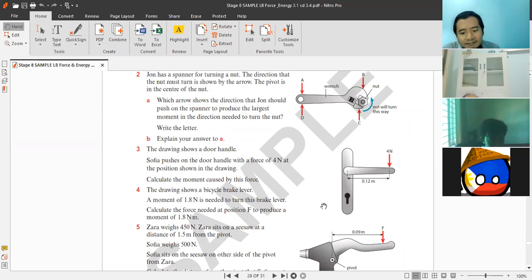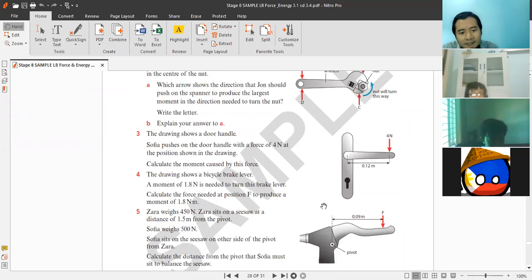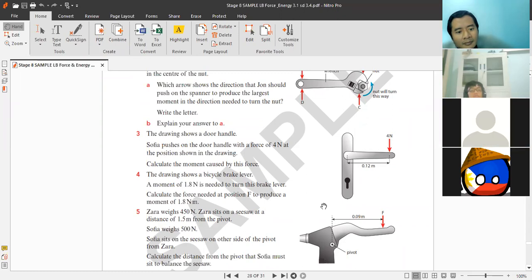The drawing shows a bicycle brake lever. A moment of 1.8 Newton meters is needed to turn this brake lever. Calculate the force needed at position F to produce a moment of 1.8 Newton meters. Okay, thank you so much. Keep your mic on, ya.